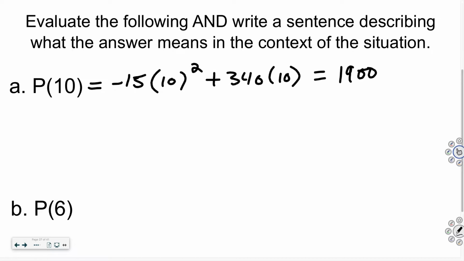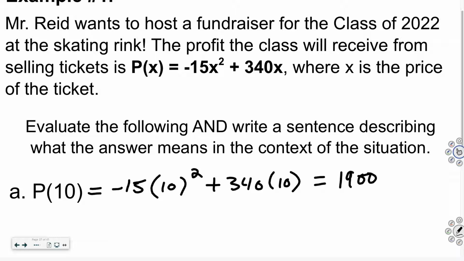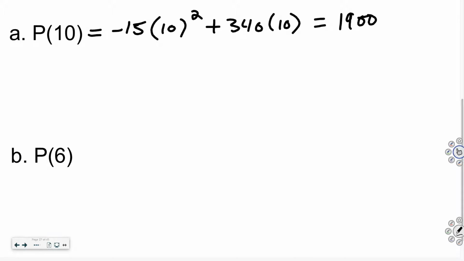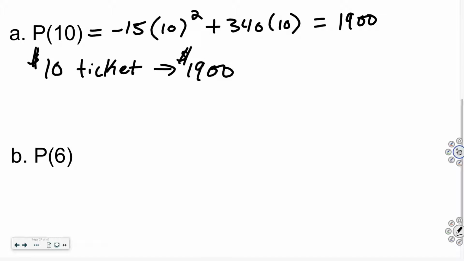Let me make sure that's right. The profit is received from selling tickets, where x is the price of a ticket. So a $10 ticket will give them 1900 in profit. All right, now P of 6.